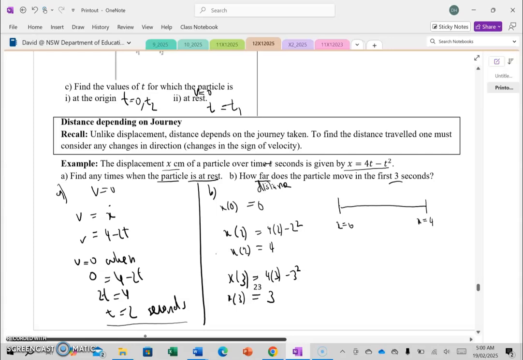It goes to displacement 4 in 2 seconds, and then it goes from 4 back to 3. So convince yourself that the total distance there, that's 4, that's 1, so the total distance is 4 plus 1, which is 5. And the unit is centimeters.